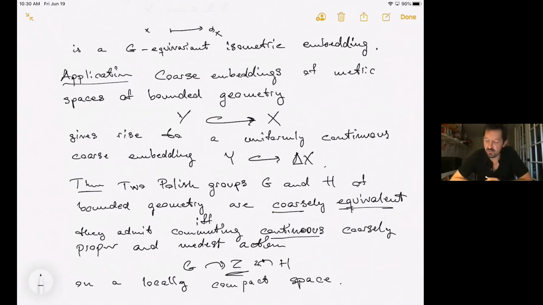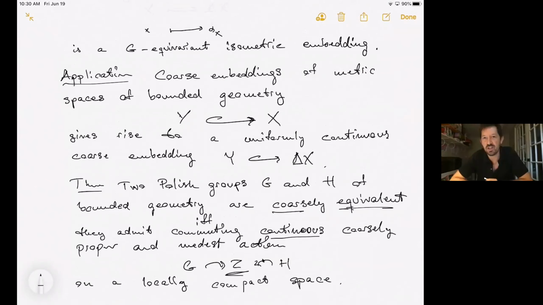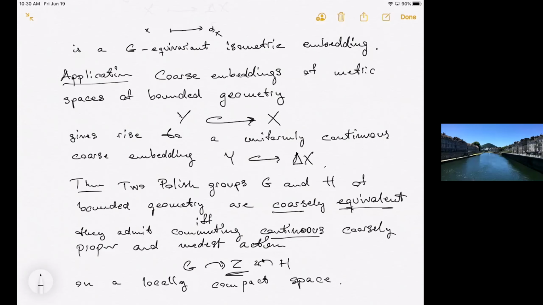For example, if you have a coarse embedding of one Banach space into another, you can't in general replace that by a uniformly continuous embedding which is close to the original one.